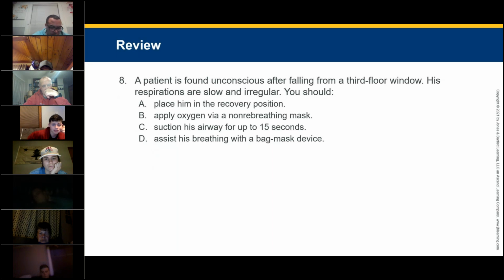All right, this is another one of those lovely questions where you get multiple answers that could be correct. So there's a couple of key points here that you want to pull out of this question.